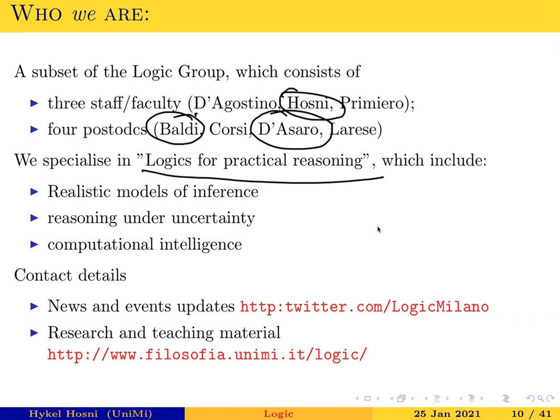So we work on what we call realistic models of inference. We have a common interest in reasoning under uncertainty, and we do like computational intelligence. So, as you see, these are the topics of our course.